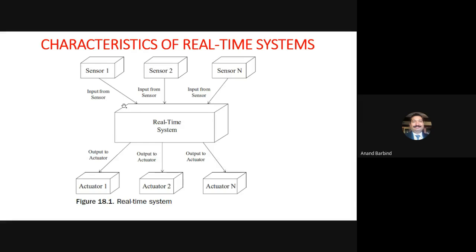Like you have n number of sensors, there can be n number of actuators, and these actuators may be a certain valve, a certain pump, a certain device like tube lights, or a cooler or heater, and like that.